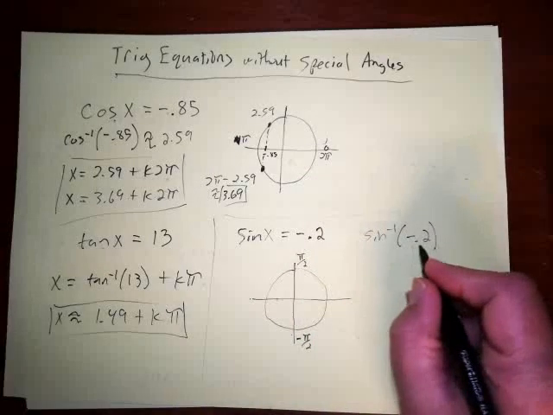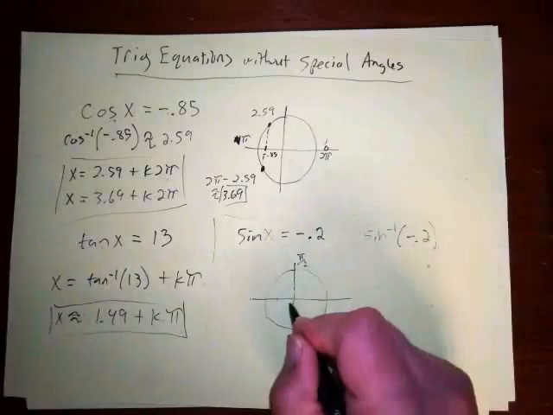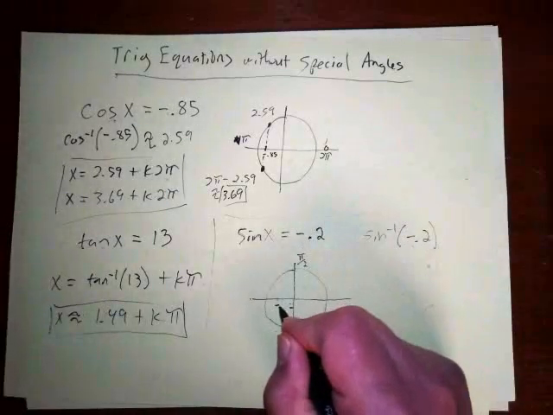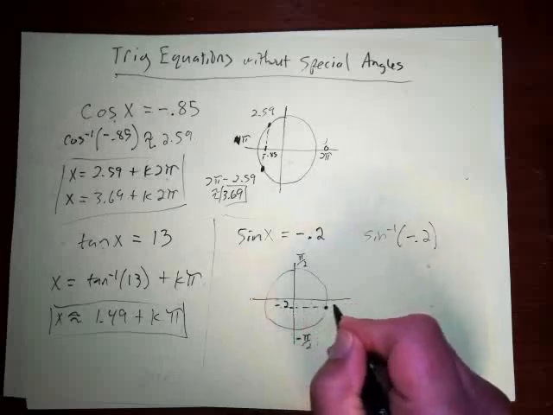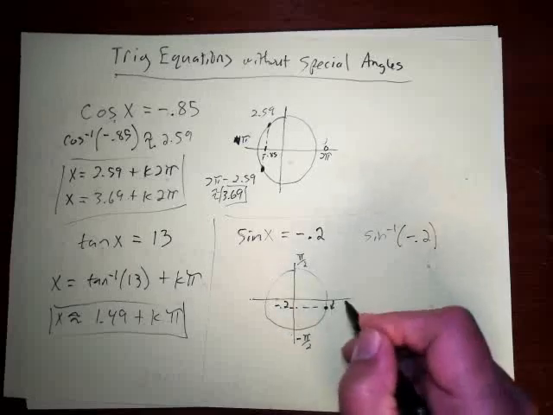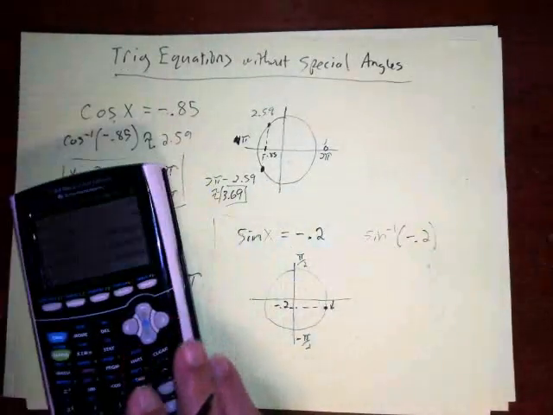So basically this is the y coordinate, it's negative 0.2 right here, and it's going to give me this angle right here, and that'll be pretty small.